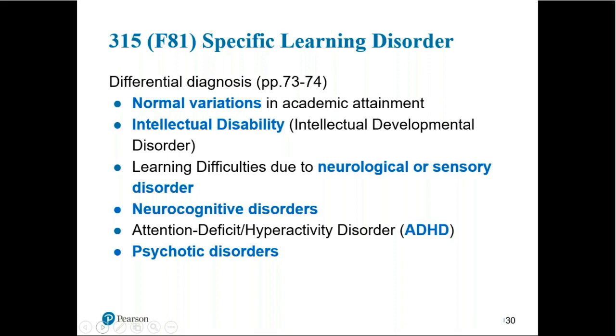Now, interestingly enough, ADHD is highly comorbid with learning disorders. So you may have both, but you certainly still need to do that due diligence of differential diagnosis to ensure that there is the presence of both and that the learning difficulties in this instance are not directly attributable to the ADHD specifically. And of course, psychotic disorders.